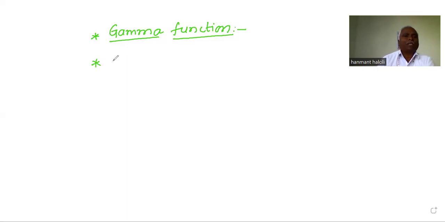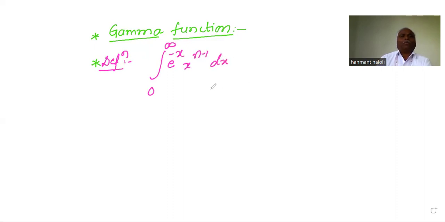Now, the definition of the gamma function. The definite integral from 0 to infinity of e raised to minus x, times x raised to n minus 1, dx, is the definition of the gamma function, denoted by gamma n.